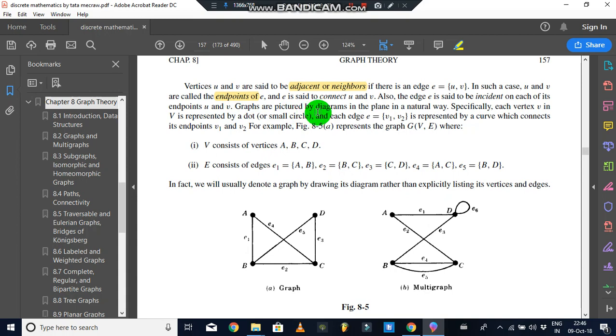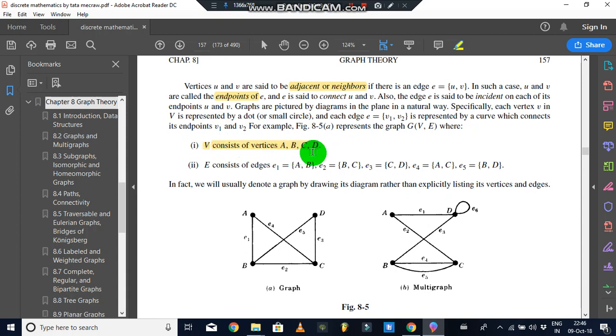Graphs are pictured by diagrams in the plane in a natural way. Specifically, each vertex V in the vertex set is represented by a dot or a small circle. This is called a node. So how can you draw V consisting of vertices A, B, C?